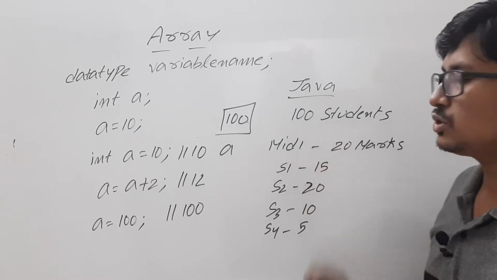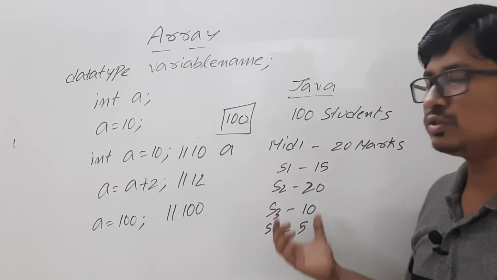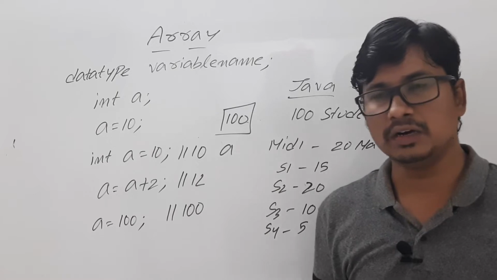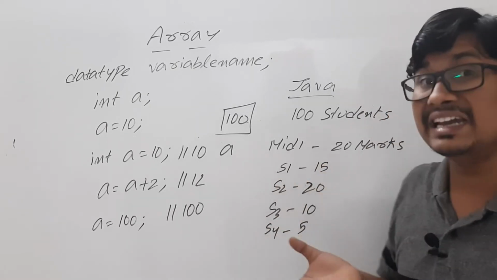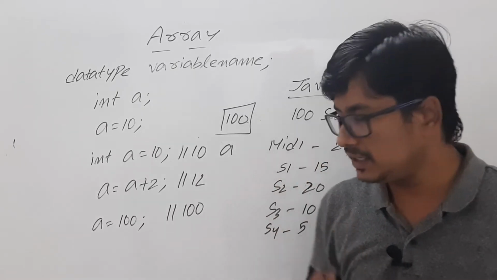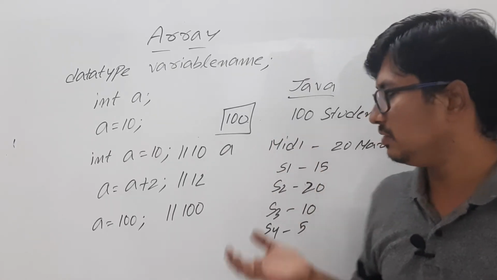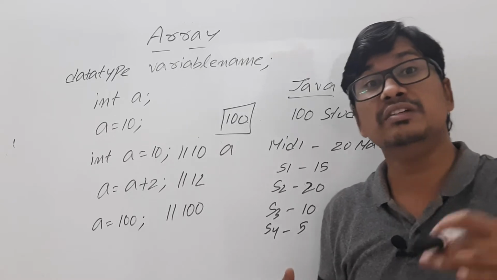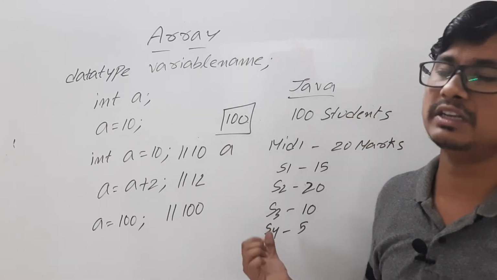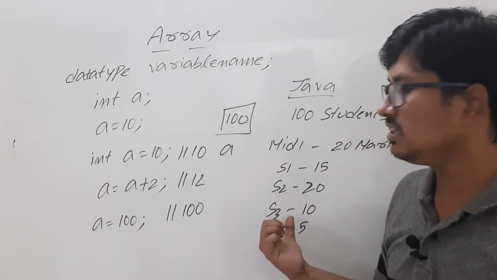Now, as 100 students are there, if I want to store 100 students' marks out of 20, then I need to create 100 variables. And if these 100 students increase to 10,000 students, then I need to create 10,000 different variables. That will be a tedious, difficult task.